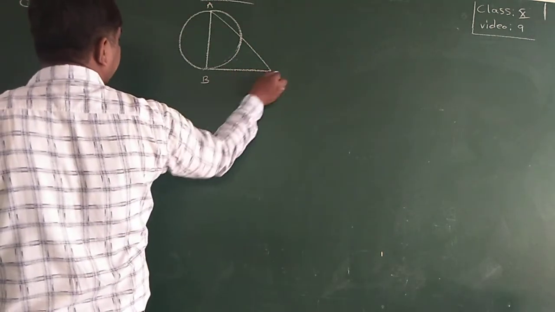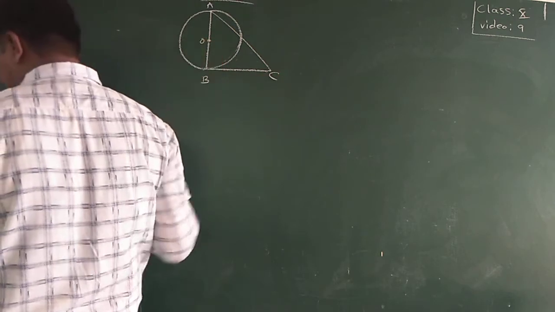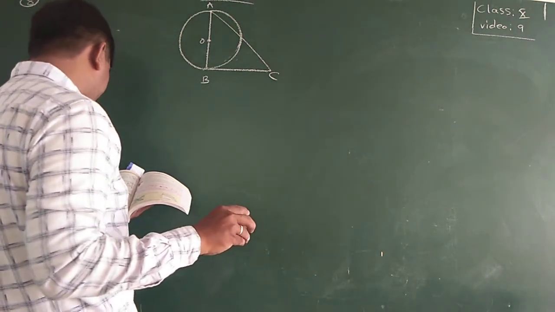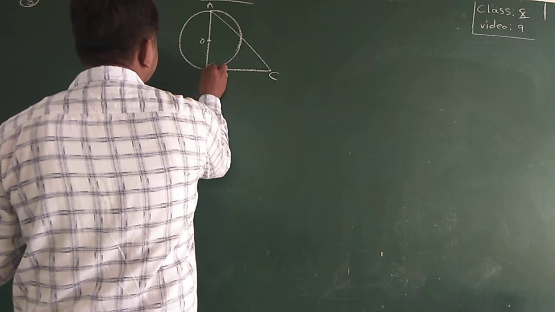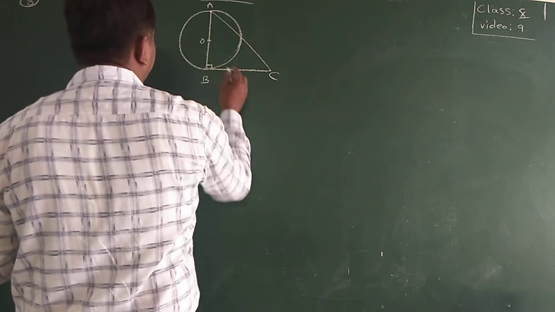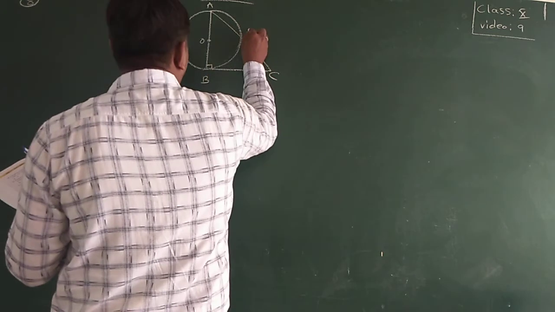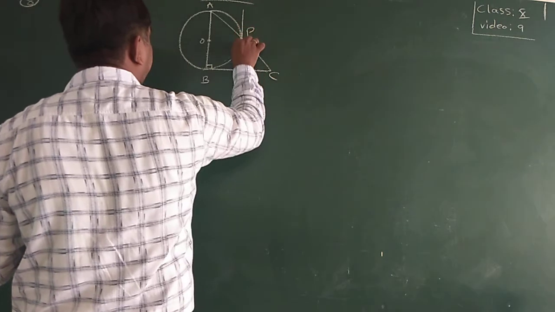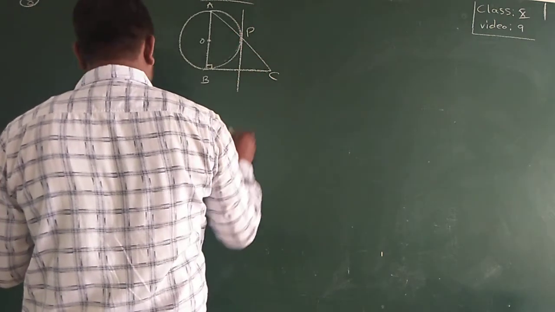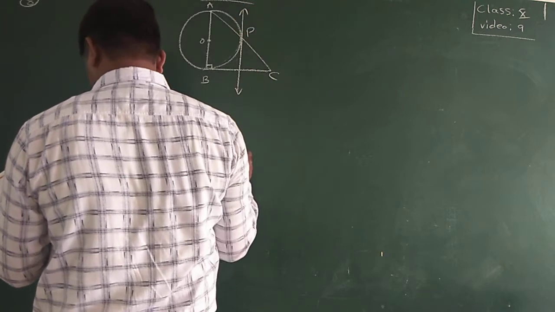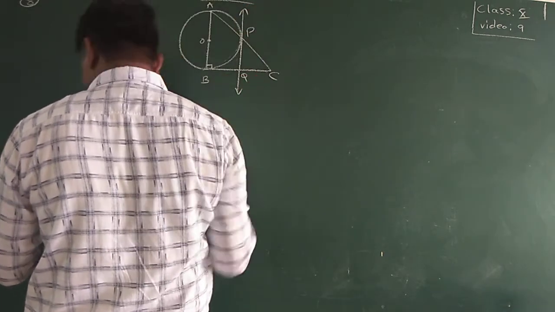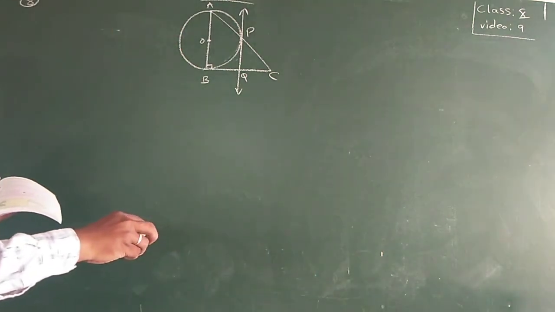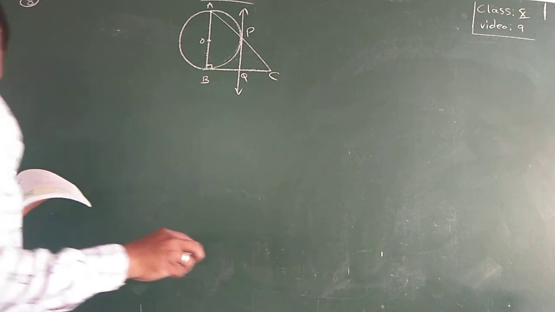A, B, C. AB is the diameter of the circle. In a right angle triangle ABC, that means obviously this is 90 degrees. And here is a point P where it is intersecting. At this point P there is a tangent which is drawn, and this PQ bisects BC. We have to prove that. Prove that the tangent to the circle at P bisects the side BC.